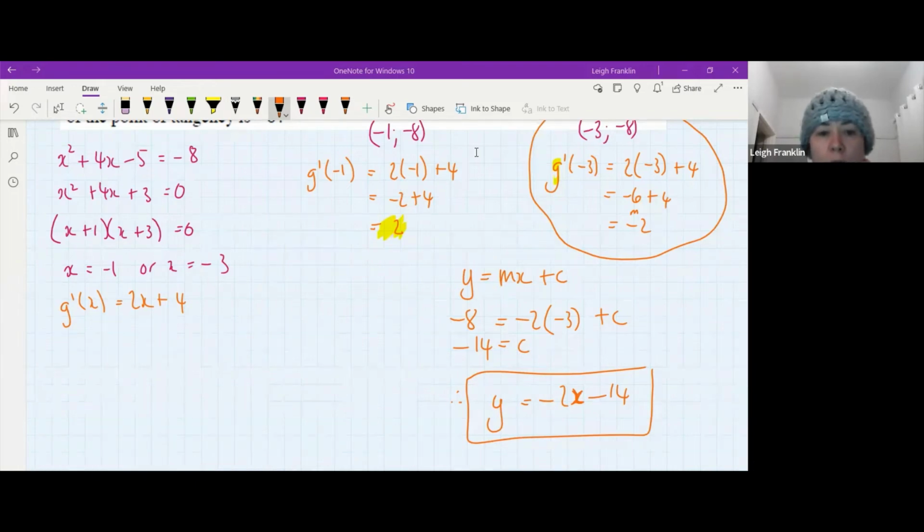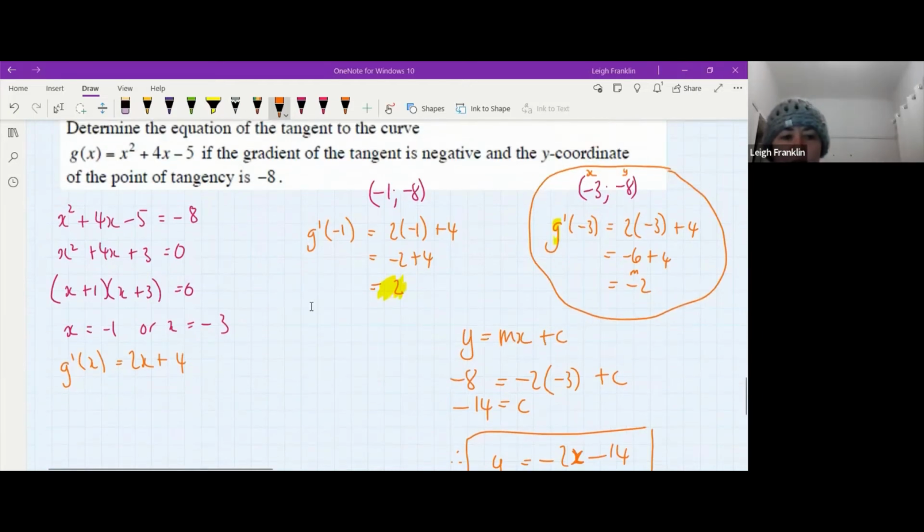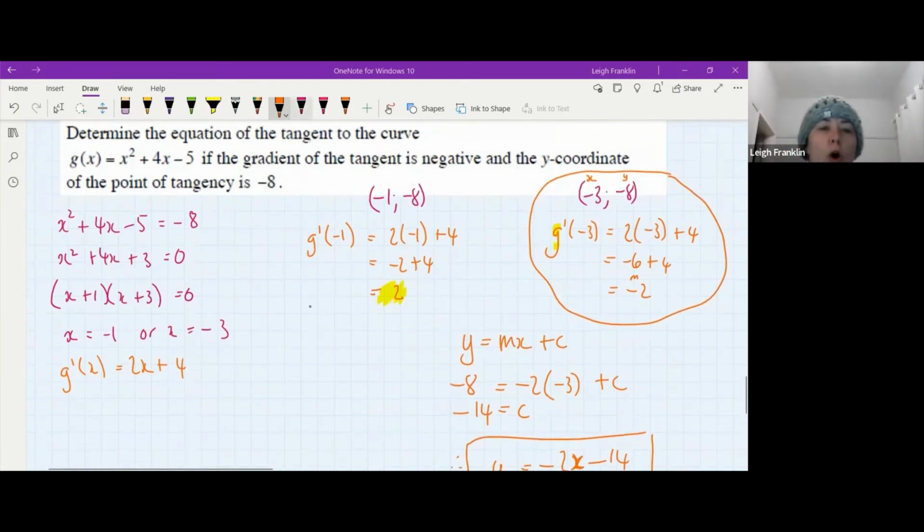The last part. Okay, so when you say the last part, you mean the bit in orange, where I drew the circle? Yes. Okay, so what I was doing here, Cassandra, is I was working out which point, whether it's this point over here or that point over there, has a tangent with a negative gradient.